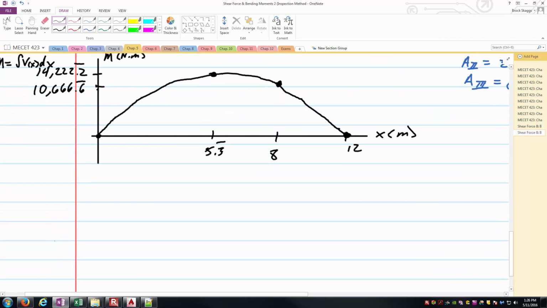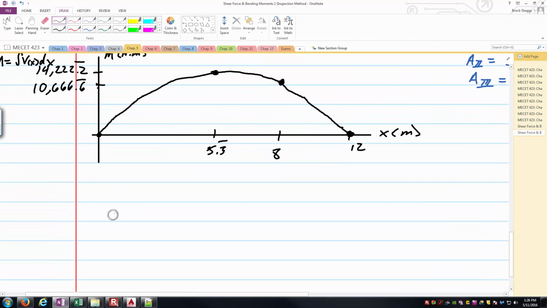One rule I know is that m is equal to the integral of v of x dx. And here I'm going to put a subscript 1 here, and this will be m1 as a function of x, because I basically have m1 that's going to run from 0 to 8, and then I'll call m2 the description between 8 and 12.